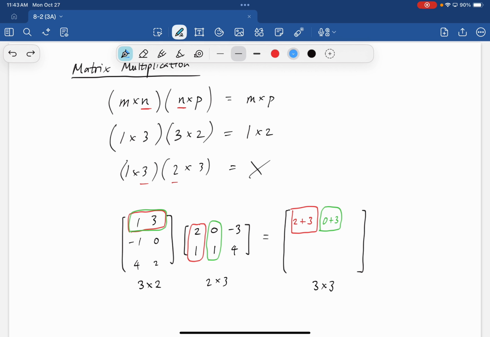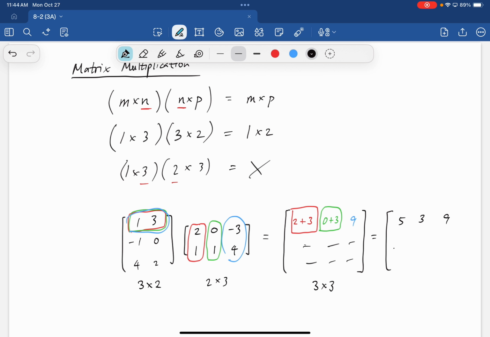Okay, and then the next one, it's going to be the first row times the third column. Okay, so that would be -3 plus 12. So we get 9. Okay, so my final answer, if I keep doing it for all 9 entries, I'm going to get 5, 3, 9.